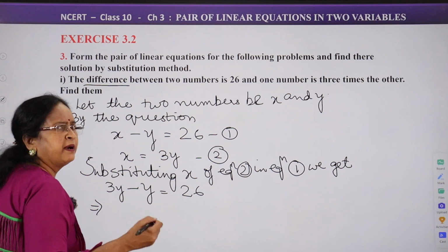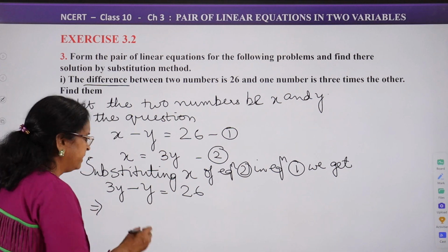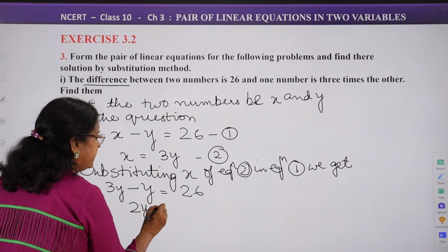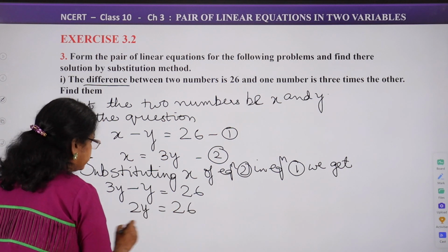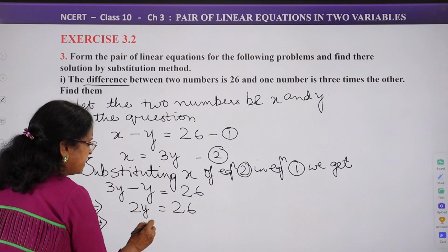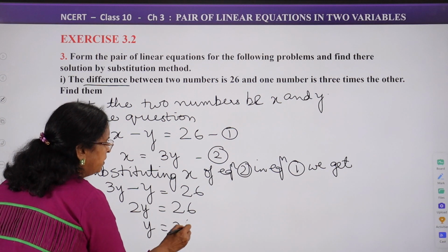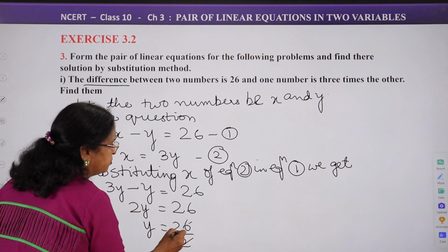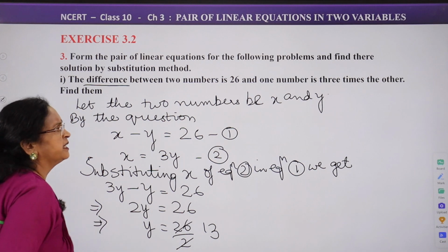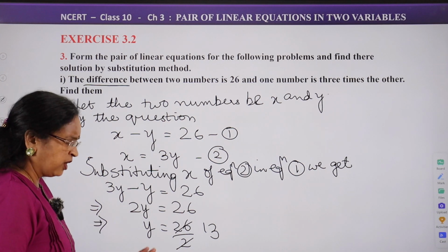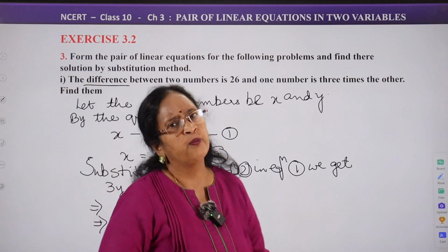That implies 3y minus y, 2y, is 26. This implies y is equal to 26 by 2, that is 13. We got the value of y.